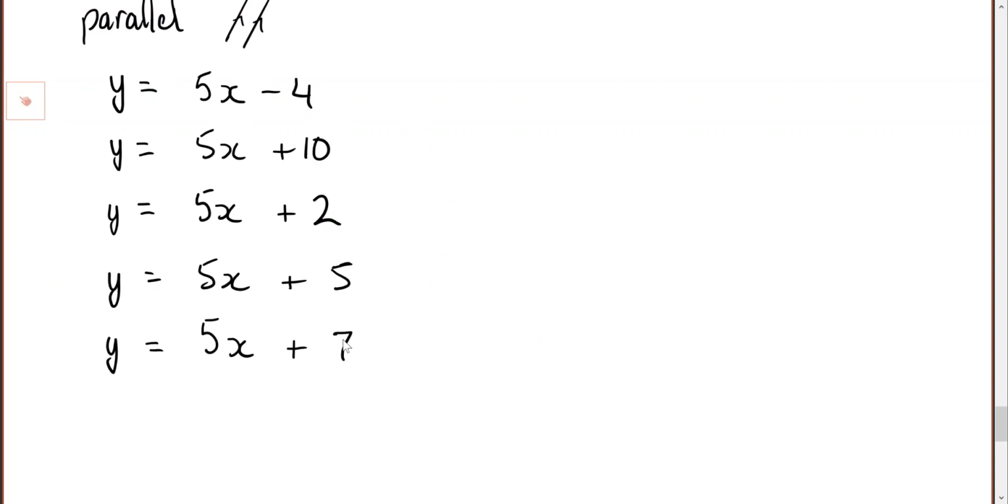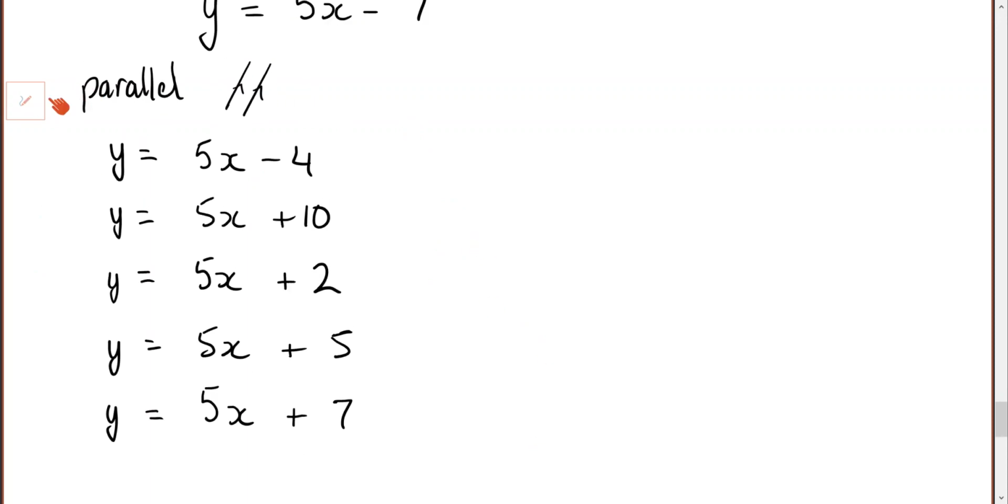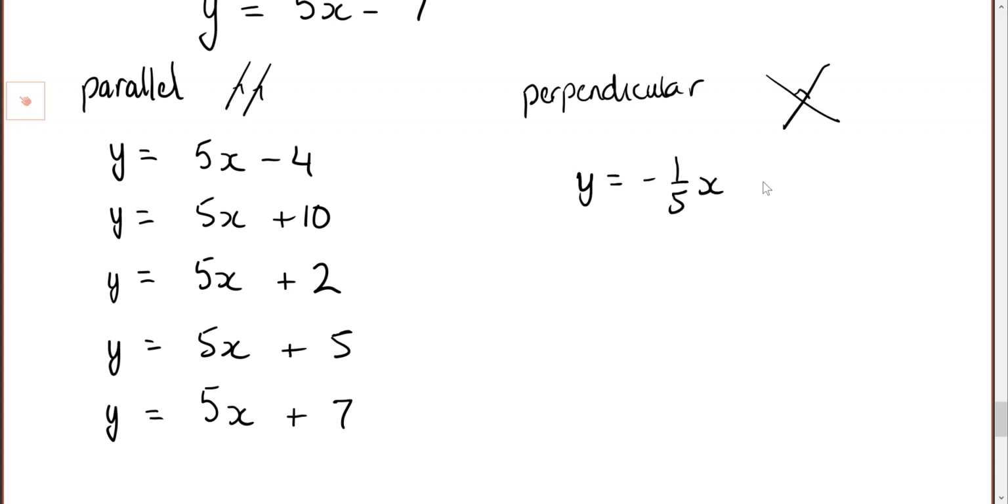Right, just to finish off, I know the bell has gone, but we've still got a couple of minutes. Perpendicular then. So if I said y equals 5x, but now I want a perpendicular line, that means it's crossed at 90 degrees, give me the equation. Y equals -1/5x plus 2.